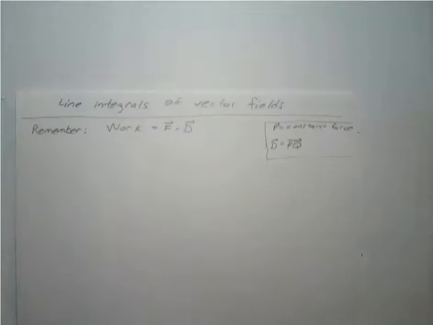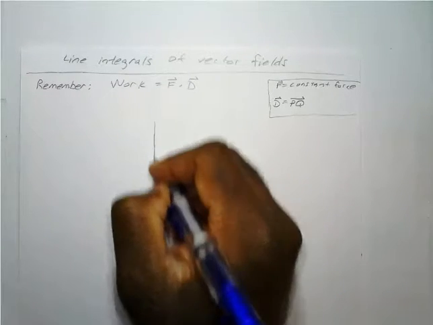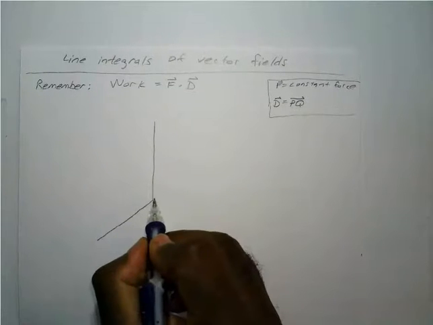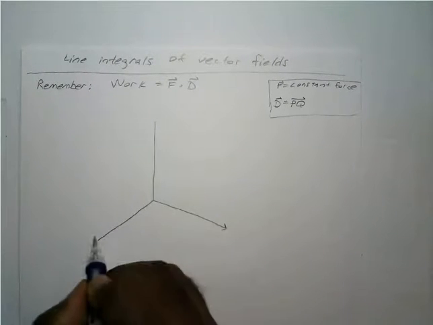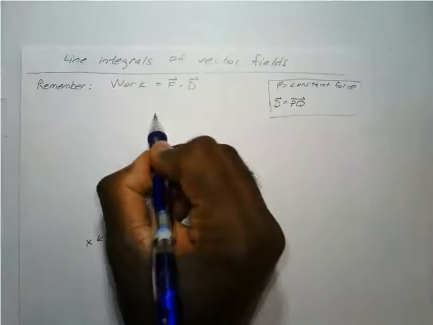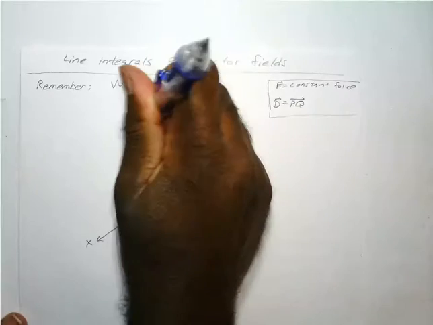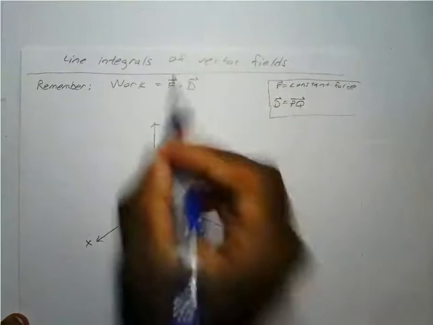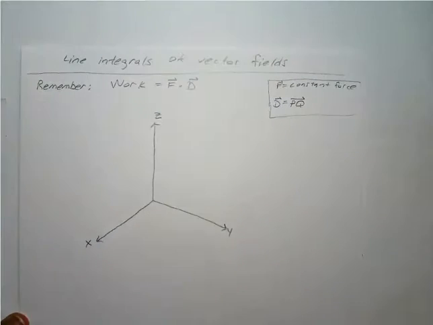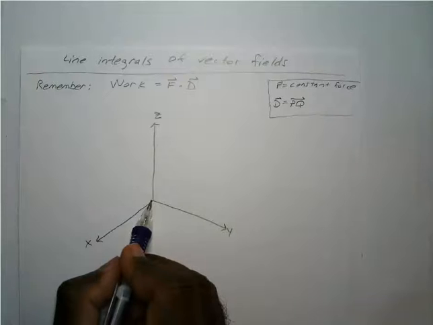Okay, so now I'm going to draw our three-dimensional graph here. We have our X, we have our Y, and our Z. Now we're going to look at a three-dimensional curve starting at the origin.